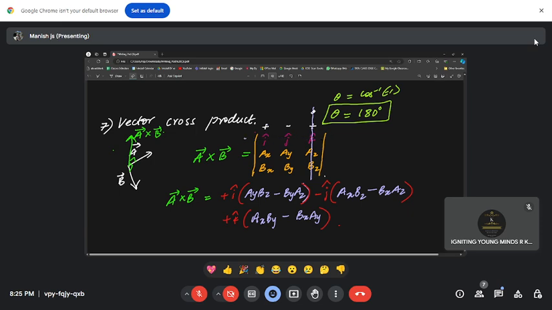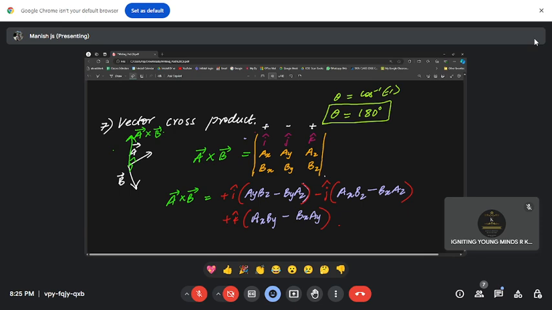So this is how you find out the determinant of a given matrix. If you have a 3 cross 3 matrix, the determinant should be found out like this. That's it, children. This is the method of evaluating the determinant. So a cross product has to be evaluated by using a determinant method.